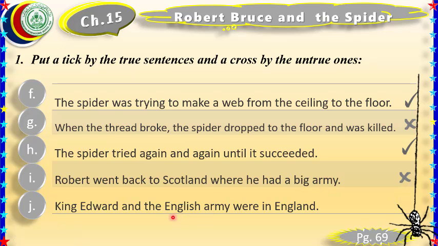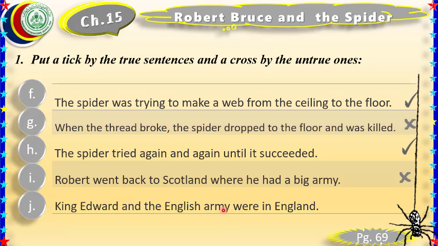King Edward and the English army were in England. Dear students, King Edward was in England. That is okay. The English army was in England also. But one part of the English army was in Scotland also.